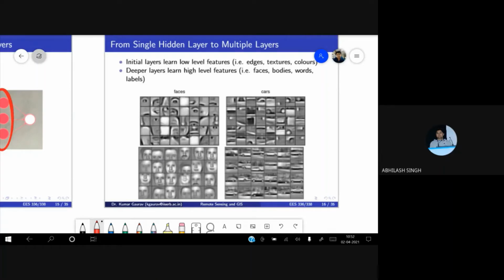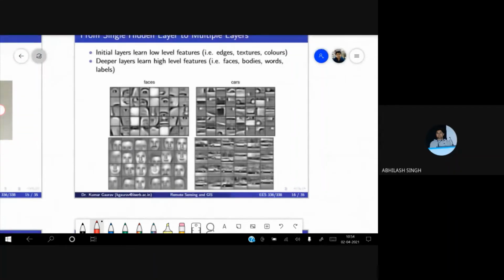So we need that many hidden layers which exactly learn the things necessary to solve your objectives. Now the question arises: how do you decide how many hidden layers will solve your problem? For that, either you can go for a trial and error method, or go for metaheuristic optimization techniques.